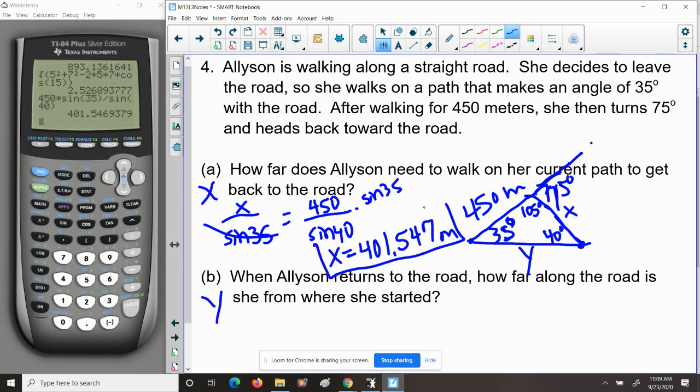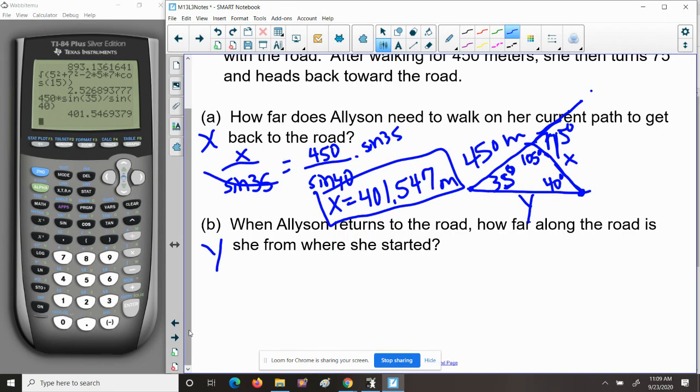So she has to walk 401.547 if she walks straight back to the road on that same path at the 75-degree angle. Now, part B, once she returns to the road, how far along the road is she from where she started? So we need to find this distance between where she started and where she ended up back on the road. So we're looking for y here.